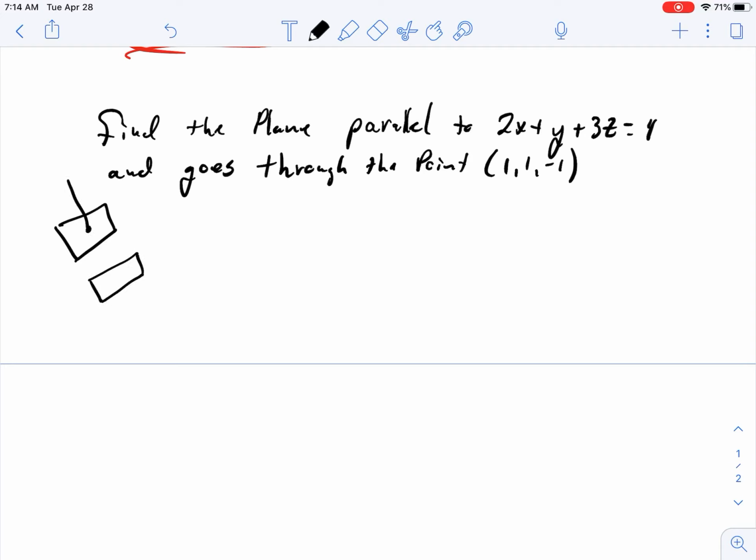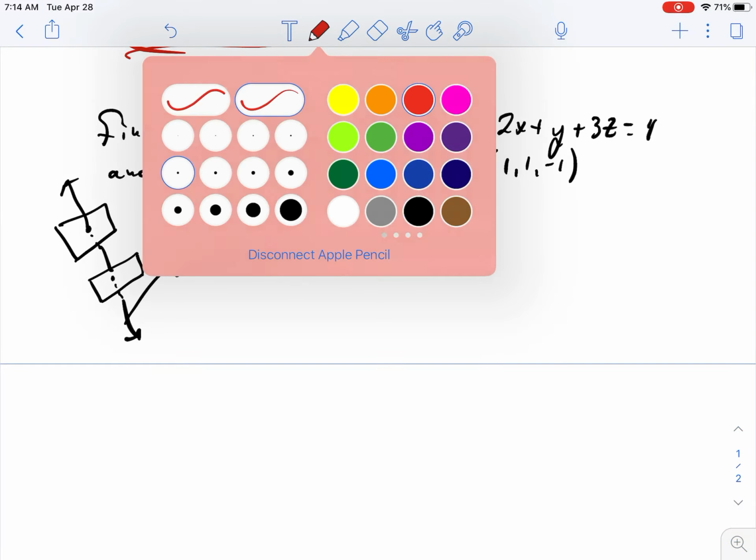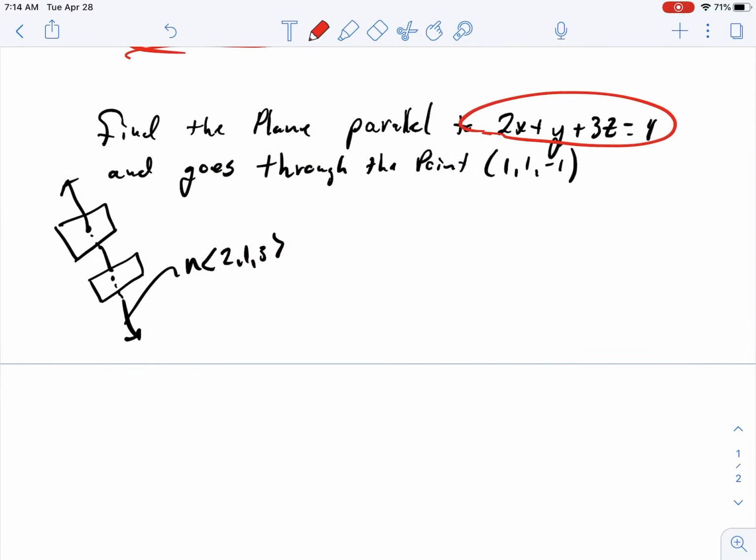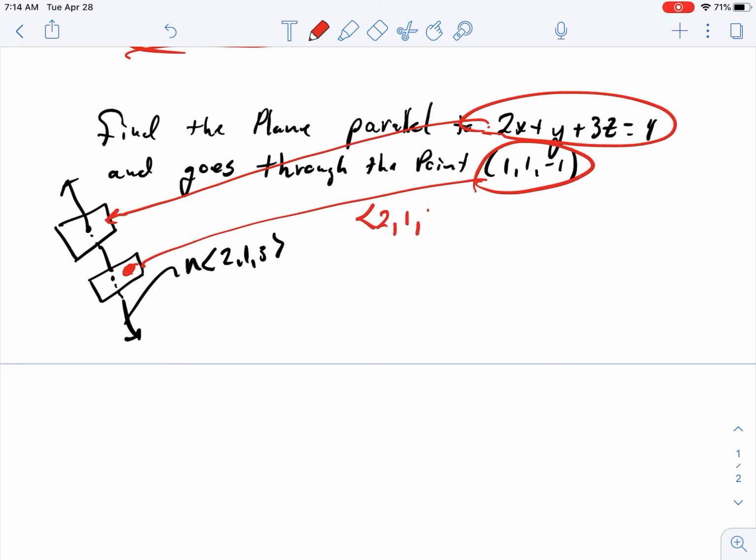So remember I mentioned planes being parallel. This will be the slope of (2, 1, 3). So therefore, yes, this might represent this plane here, but I gave you a point in another plane, so all you have to do is take your slope (2, 1, 3), dot it with any other point that you want to use here.